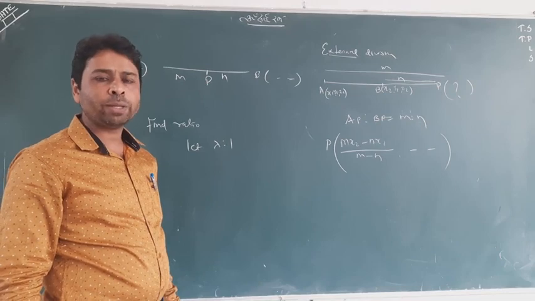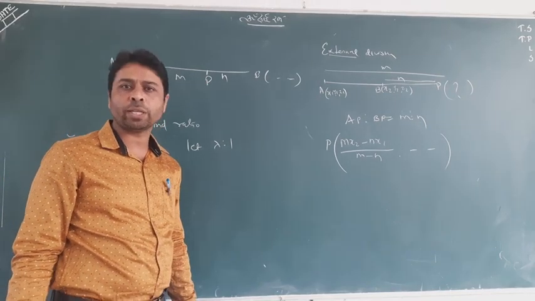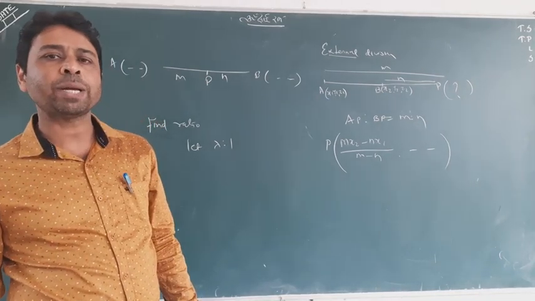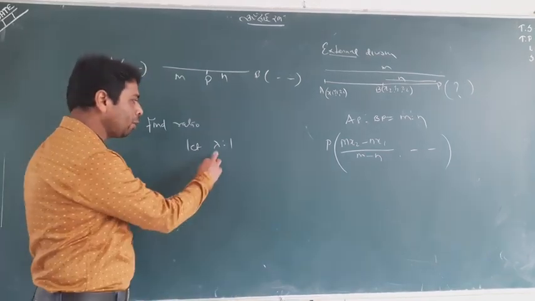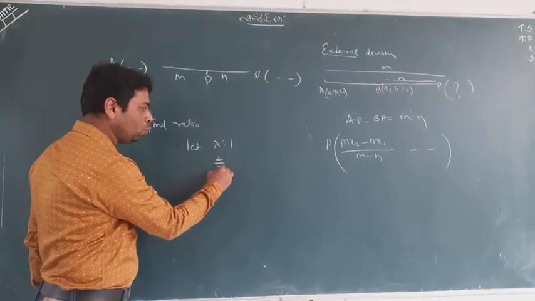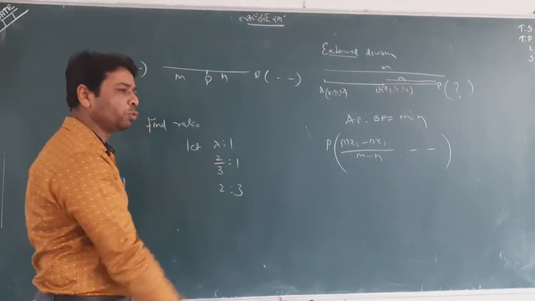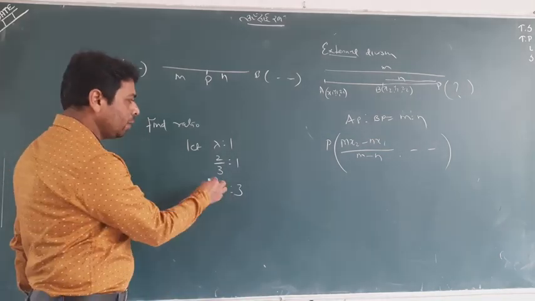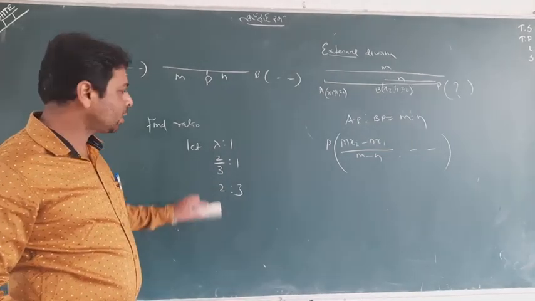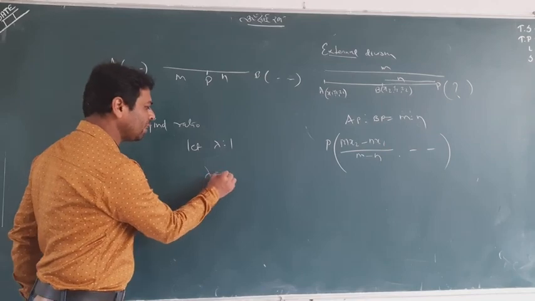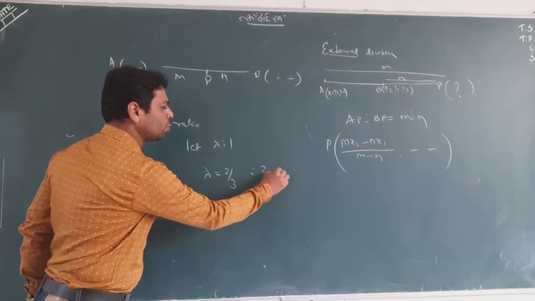Don't take m is to n, because that time two variables run together, m and n. But in the case of lambda is to 1, you only need to find the value of lambda. If lambda is 2 upon 3, the ratio will be called 2 is to 3. If the value of lambda is equal to 2 by 3, your answer is 2 is to 3.